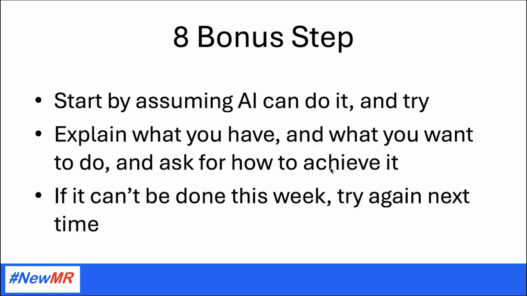And actually, there is an eighth bonus step. Start by assuming AI can do it and try. It changes so fast, it's really difficult to know what AI can and can't do. Try it and see. So don't be over prescriptive. Don't tell it exactly how to code data or how to do sentiment analysis.